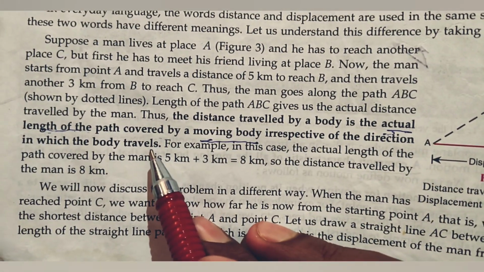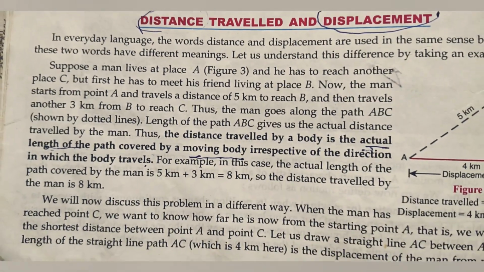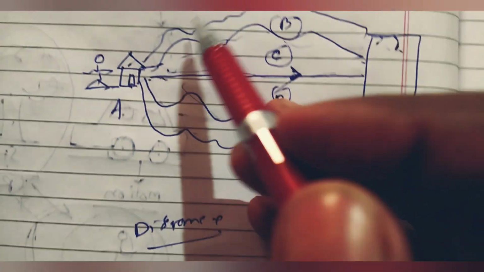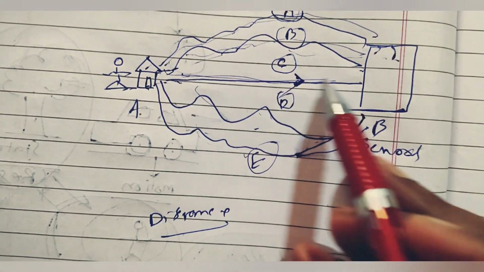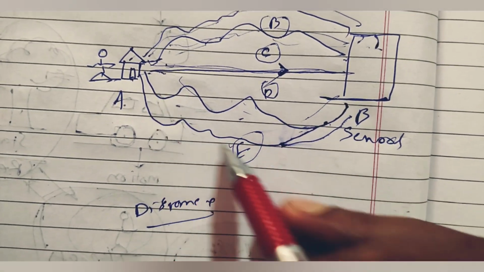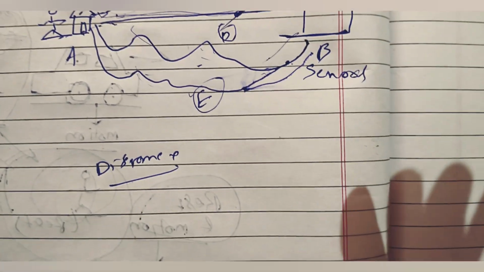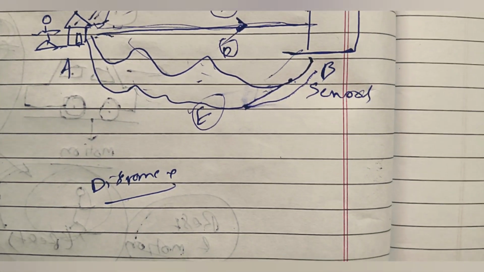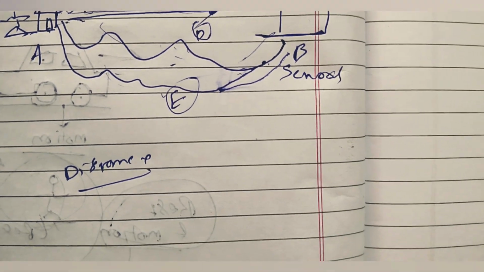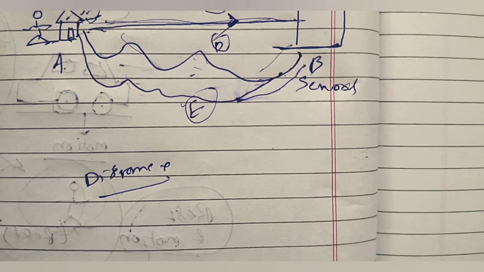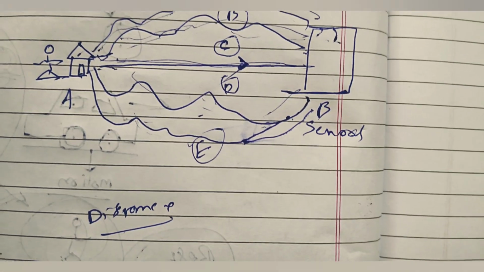Irrespective of direction means the body may travel in this direction, or this direction, whatever direction it is traveling. Irrespective of the direction, how much path length has been covered by the body, that will be termed as distance.